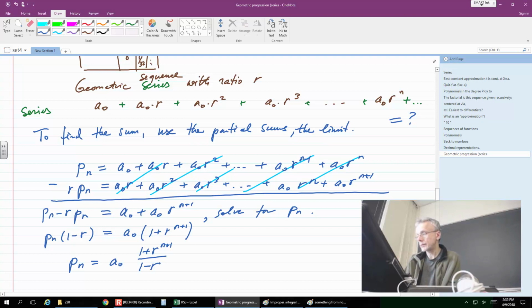I'm sorry, it is not a plus, it is a minus. So that is the explicit formula for the partial sums.